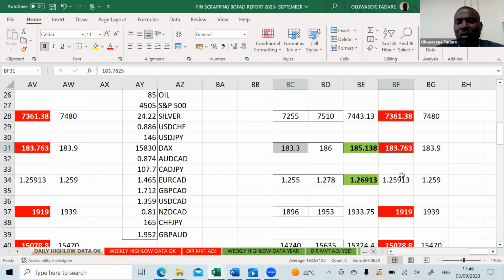So here the market comes downwards or the market moves upwards above these two. Okay, GBP USD 1.259. The market is currently above 1.255 and below these three. So it's either the market goes upwards and breaks the threshold of 1.278, or the market moves downwards and breaks the threshold of 1.255.